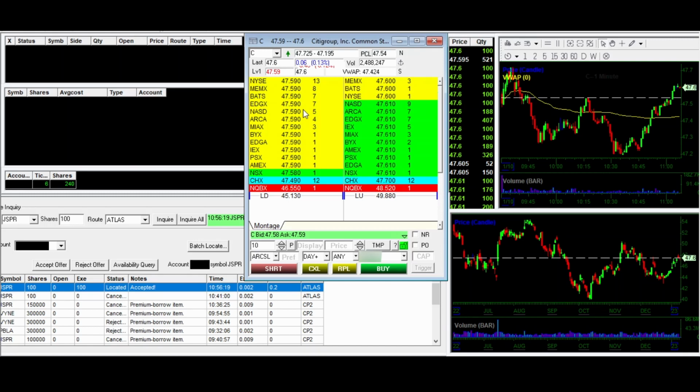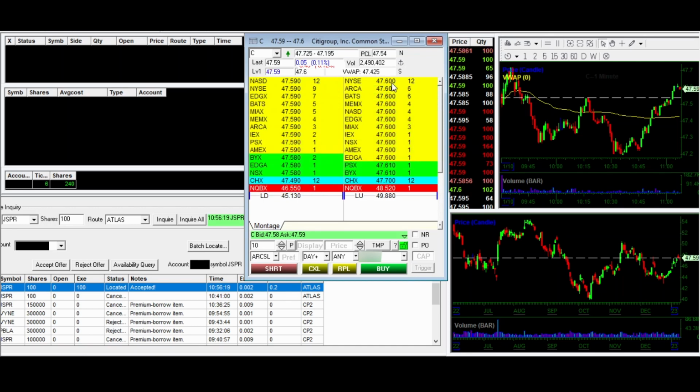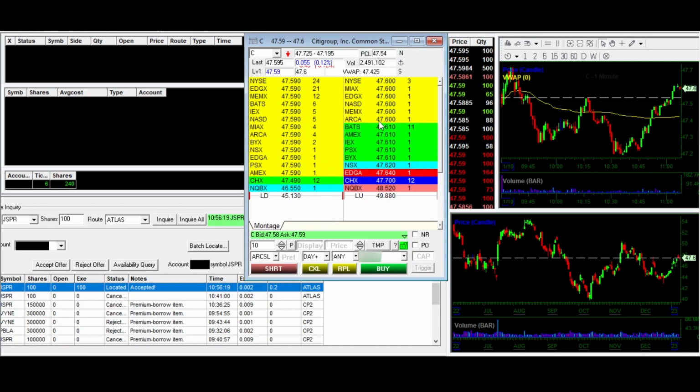And so what you're seeing now is that the best buyers, the highest buyers, are willing to pay a price of $47.59 to buy the stock, while the lowest price the sellers are willing to sell for is right now $47.59, right? Obviously, this is dynamic and is changing second by second, right? But basically, the highest price that the buyers are willing to buy for is listed on the left, and the lowest price the sellers are willing to sell for is listed on the right, right?